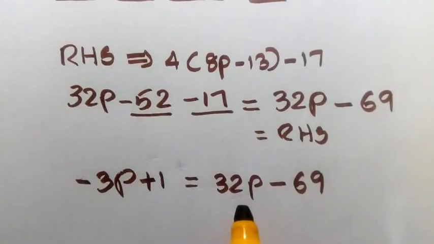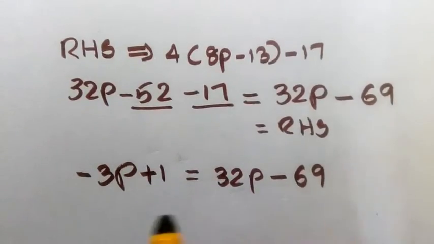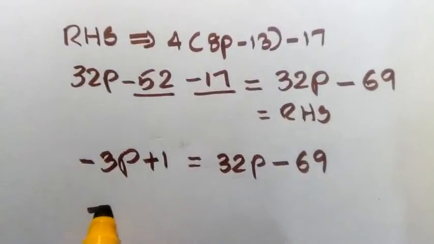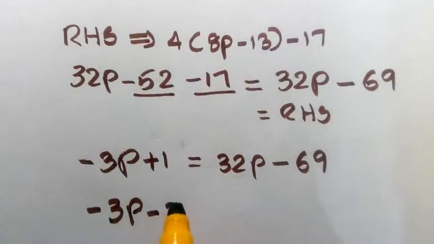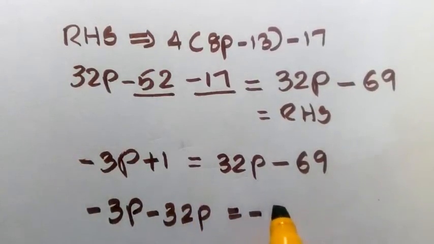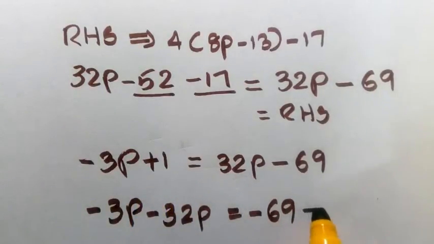So first, transposing 32p to the LHS. Then after that, we need to transpose positive 1 to the RHS. So the next step is minus 3p minus 32p is equal to minus 69, which is already available in the RHS. Positive 1 is coming to the RHS, so it will become negative 1.